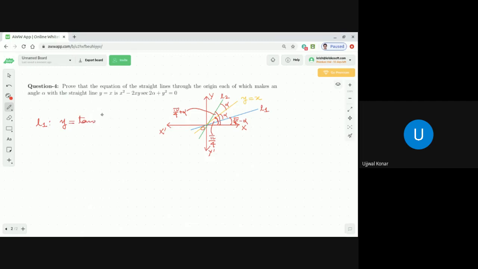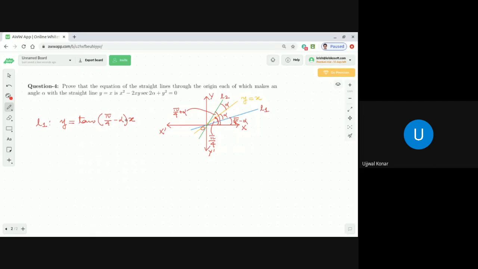y equal to mx. Mx means what? tan of pi by 4 minus alpha into x, because the straight line L1 passes through the origin with slope tan of pi by 4 minus alpha. The inclination of the straight line L1 with the positive direction of x-axis is pi by 4 minus alpha, so its slope is tan of pi by 4 minus alpha.